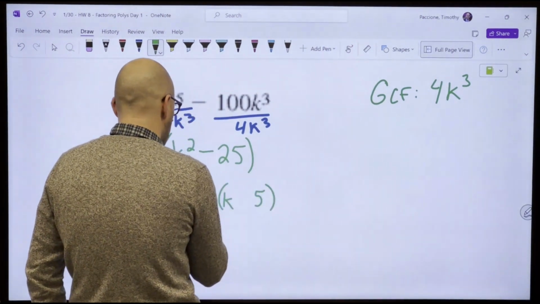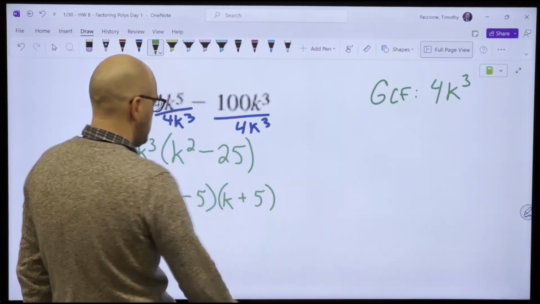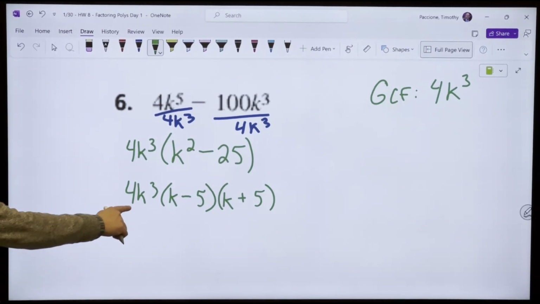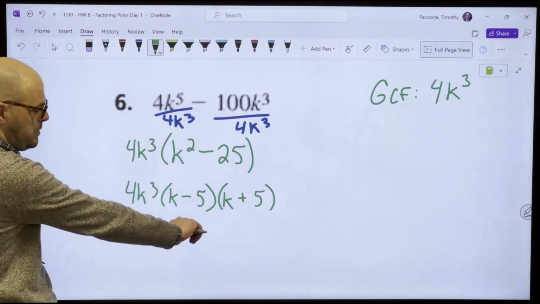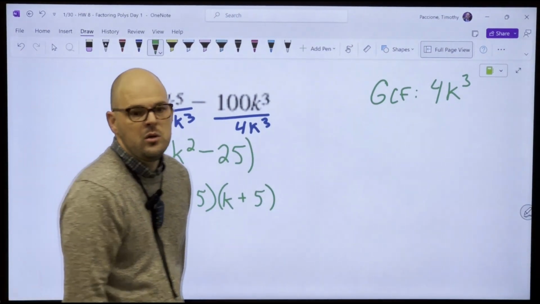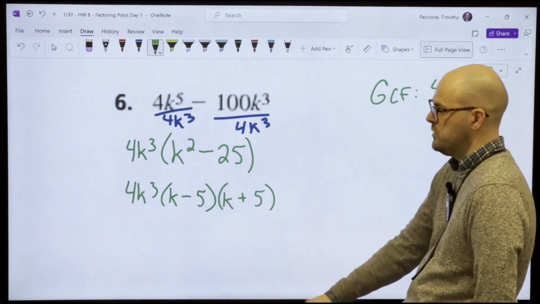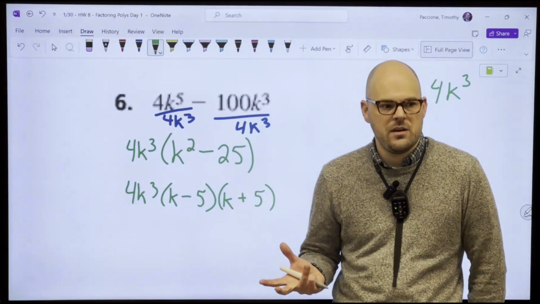And then you put minus, plus. Difference of perfect squares. You can do that every time. You don't need a magic X, you can just jump right to that. Then you ask yourself, can I keep going? Well, this can't be factored. Any binomial like that can't be factored. So you are done. You have fully factored it, and you know you're done with this problem. Okay, so that's a GCF example.